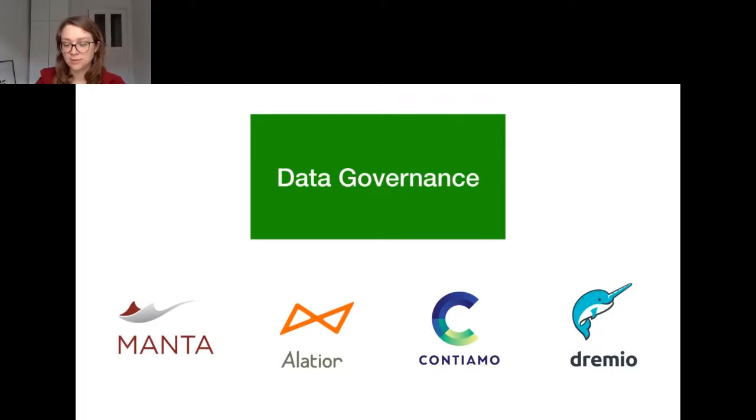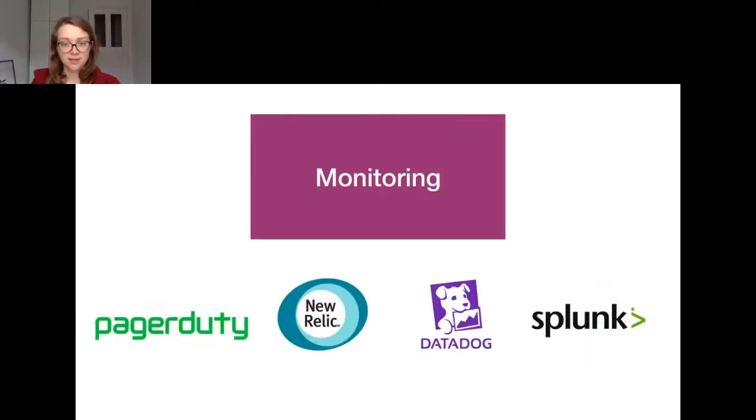And in case you want to open a part of your data set to do open source, you also make sure that no sensitive data is being shared and so on. And those are the companies that will do data governance for you. And of course, there is monitoring, which is incredibly important because you want to know that your system is actually healthy.